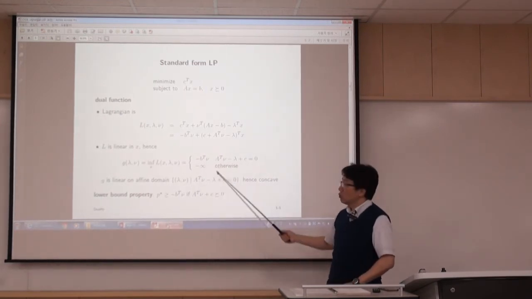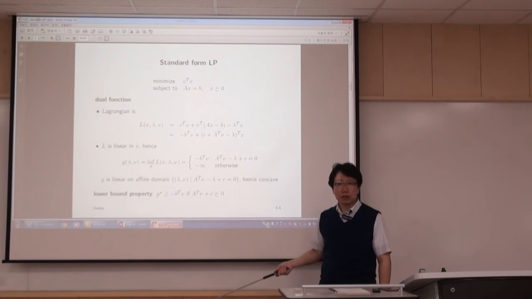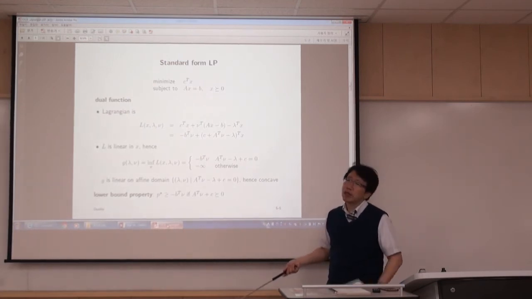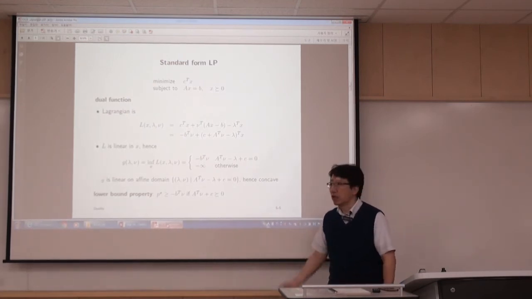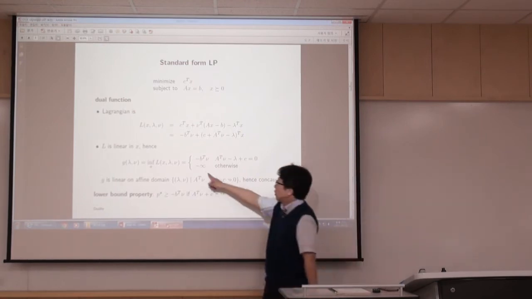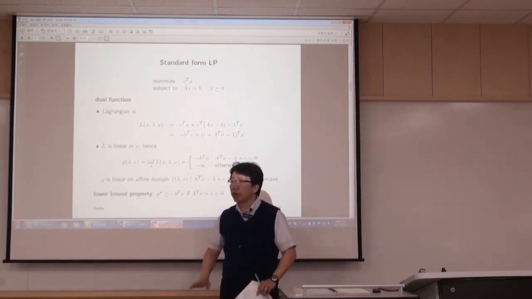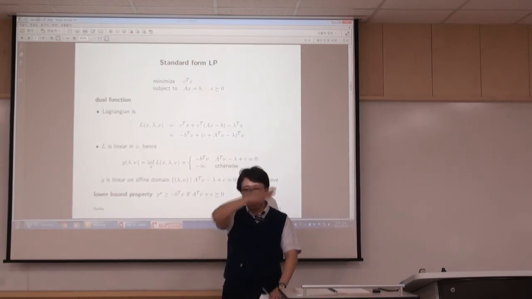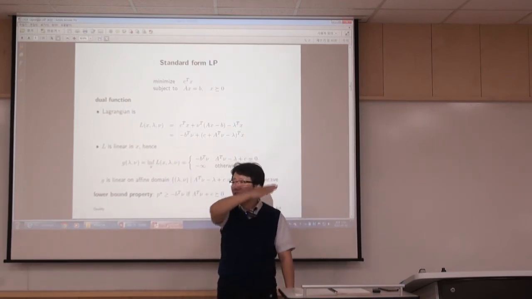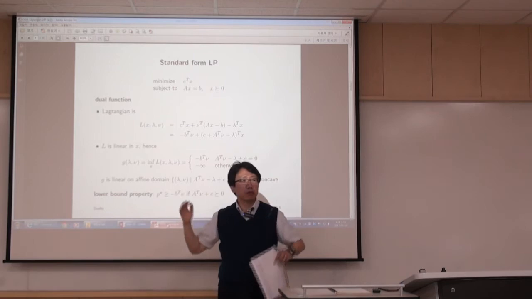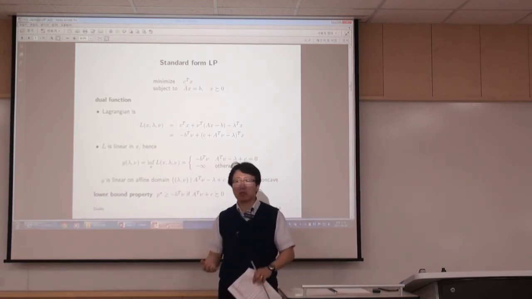Now, which one do you want to choose? Here, actually, you can choose anyone, because this negative infinity anyway serves as a trivial lower bound in your minimization problem, right? In your prior problem, you want to minimize objective function subject to your constraint.